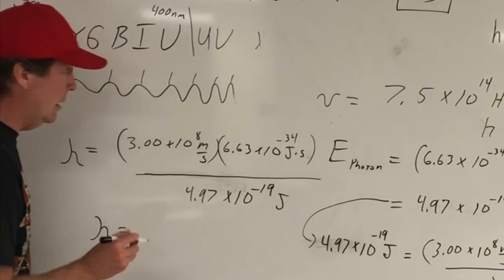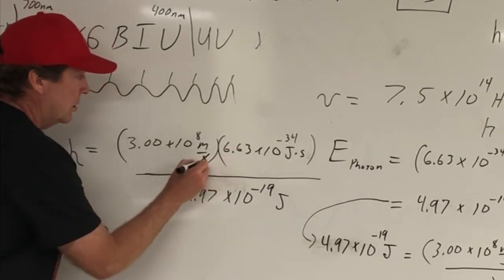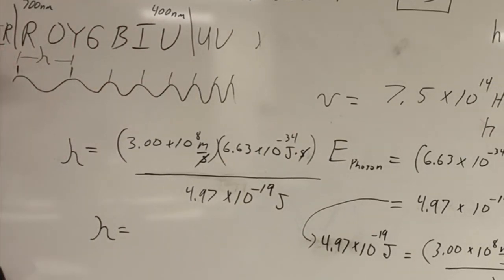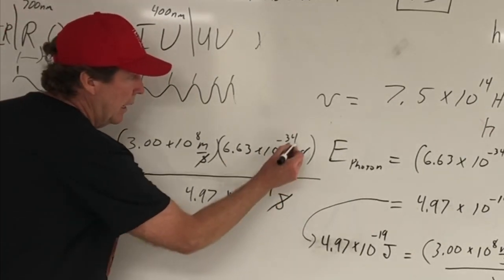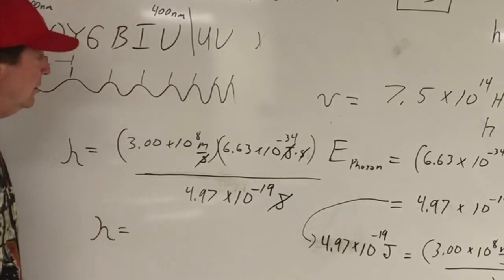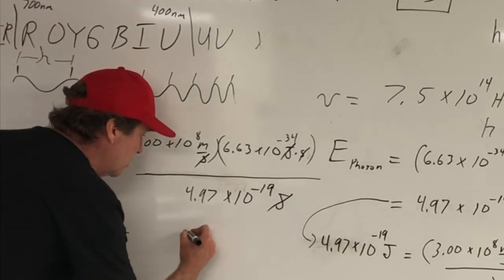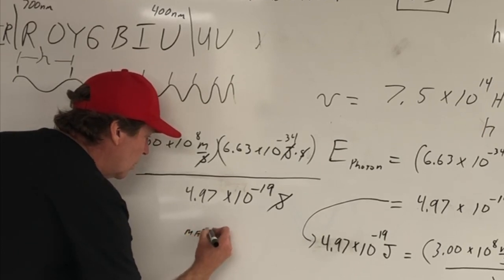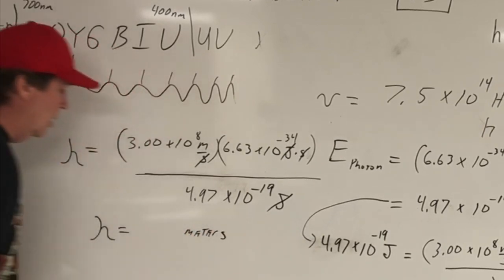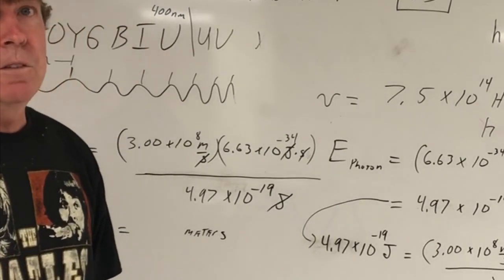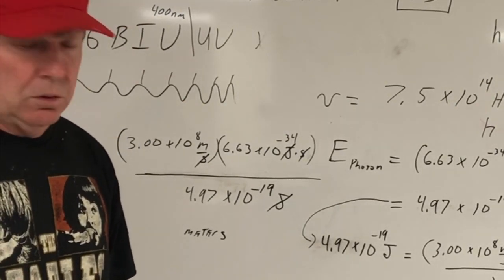Look at canceling here. Seconds and seconds cancel. Joules and joules obviously cancel. Our answer is going to come out in meters. Let's come up with the answer in meters, and then we're going to convert it to nanometers.